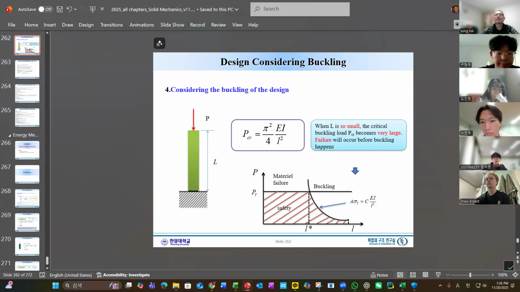And always remember that buckling will happen in structures under compression. A structure under compression can easily become unstable, and the stability problem causes the buckling load. The structure will fail. This is much more dangerous than just material failure. So that is the concept of buckling.